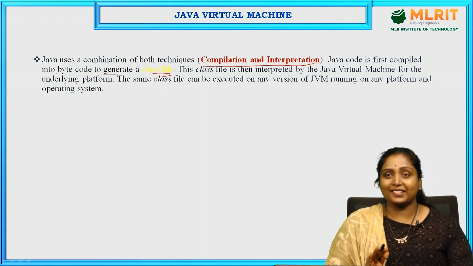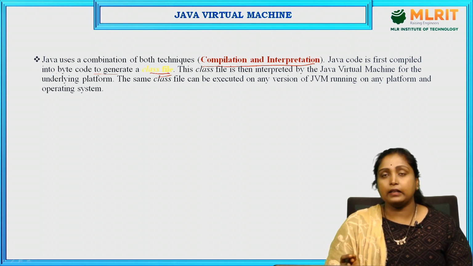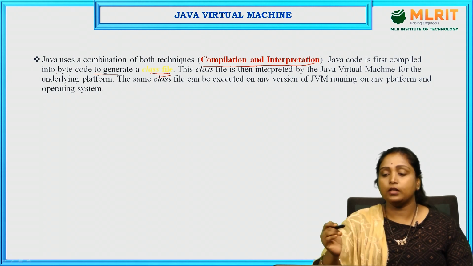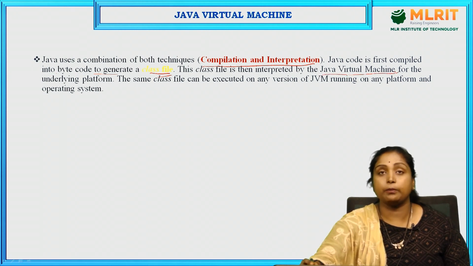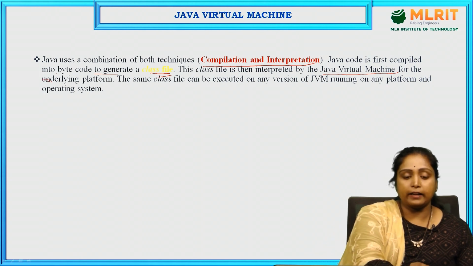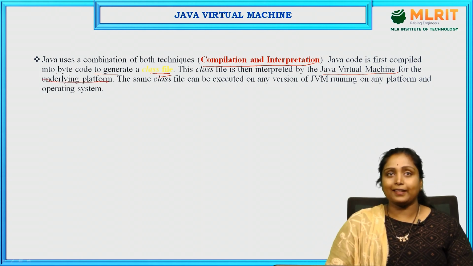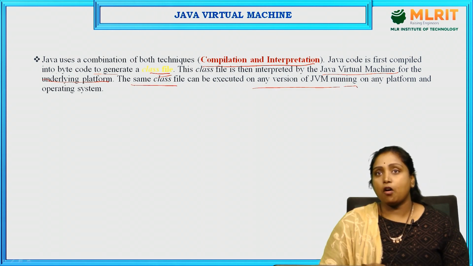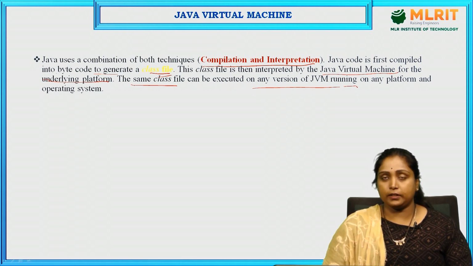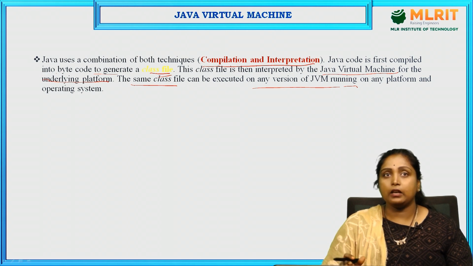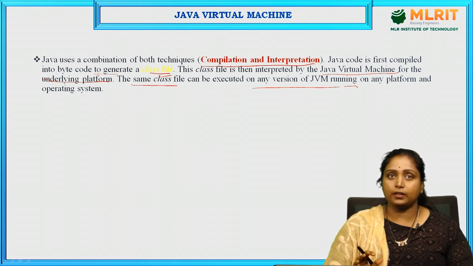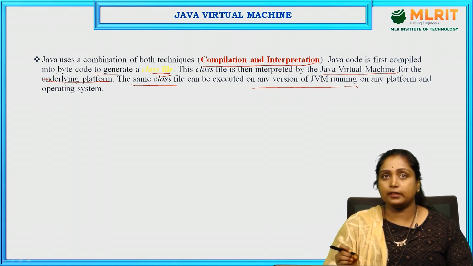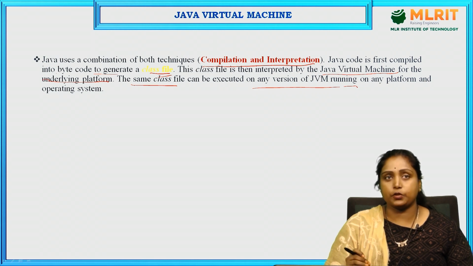This class file is interpreted by the Java Virtual Machine for the underlying platform, which means the .class file can be executed on any version of virtual machine on any platform or any operating system. We discussed this in the Java buzzwords: architectural neutral.